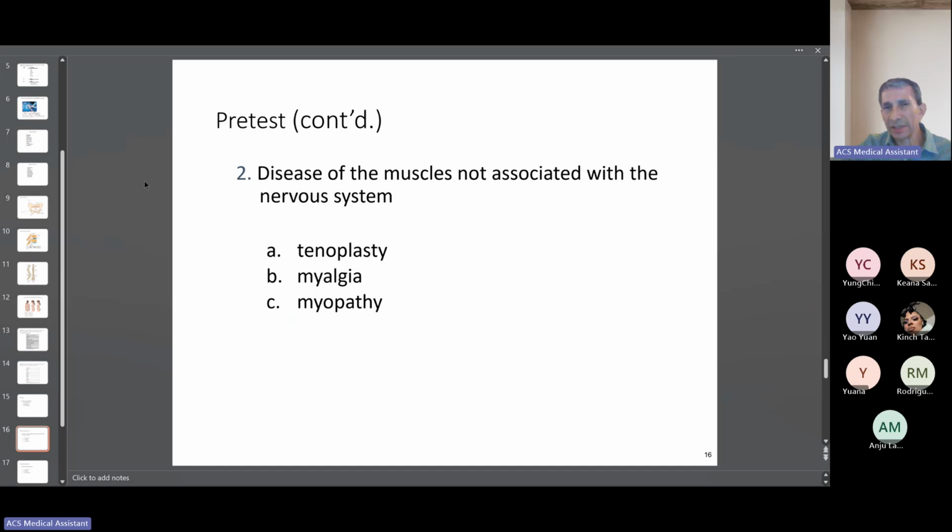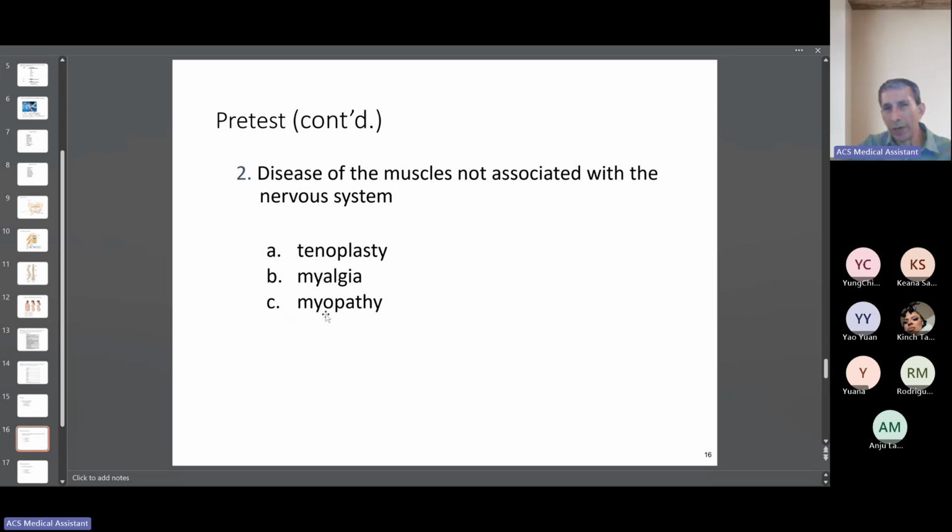But if it says disease of the muscle, I will stop right there because everything else is not telling me anything. That's distracting me. So disease, pathy, muscle, myopathy. Myalgia, muscle pain. Tenoplasty, that is a surgical repair of the tendons. So it has nothing to do with muscle disease.